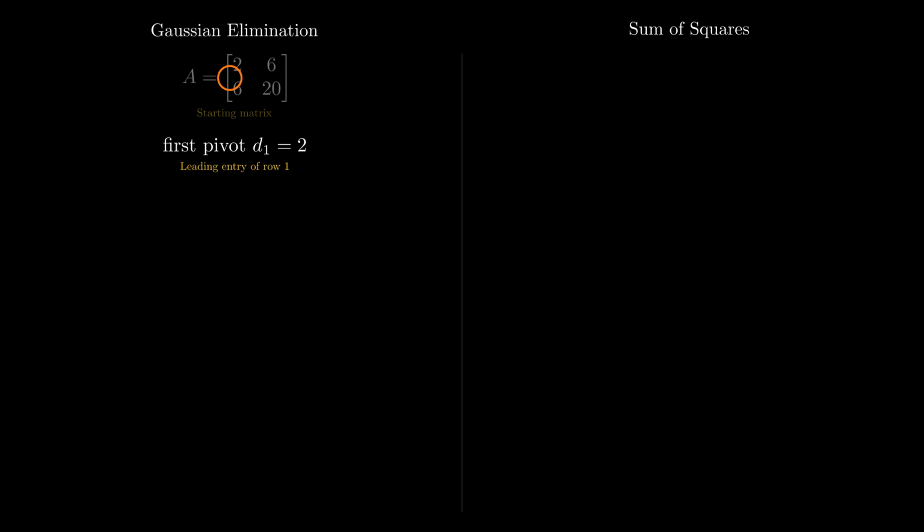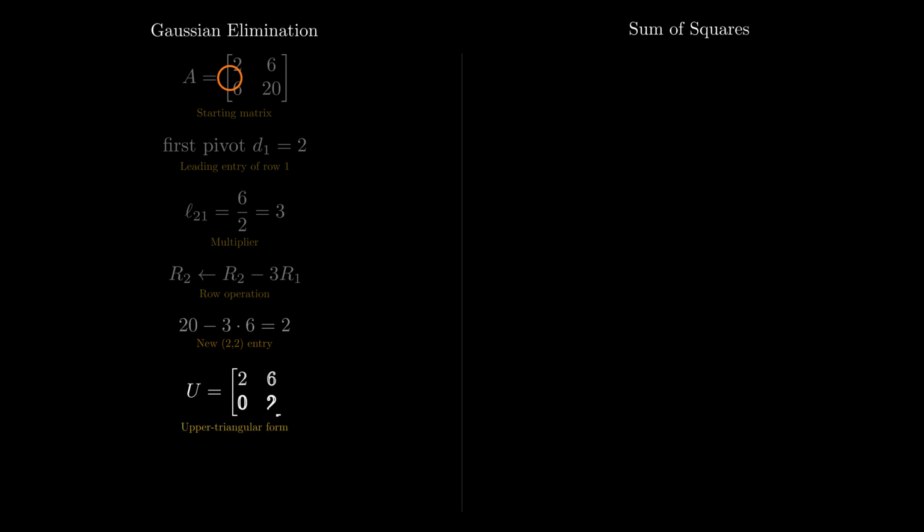To eliminate the 6 sitting below it, we multiply row 1 by 6 over 2, which equals 3, and subtract that from row 2. So 3 is our multiplier. The new bottom right entry becomes 20 minus 3 times 6, which equals 2. That's our second pivot. So we have two pivots, both equal to 2, and one multiplier equal to 3.